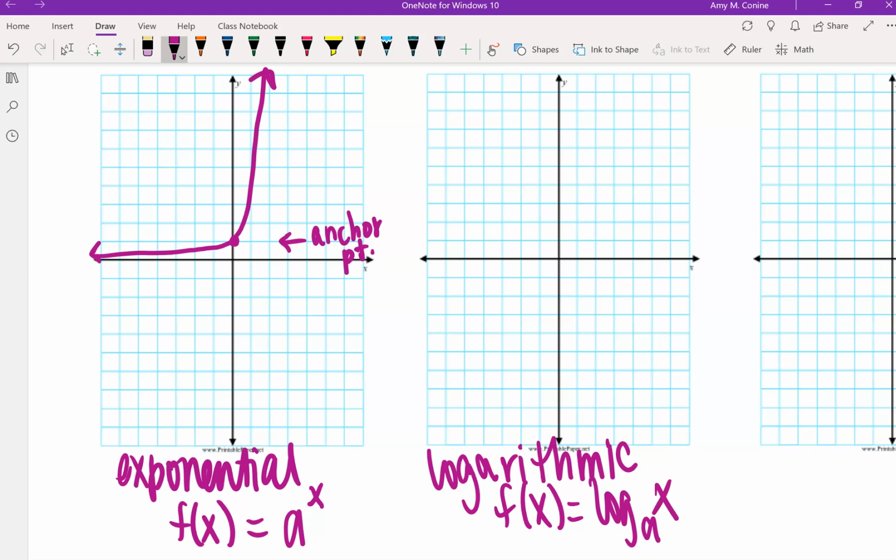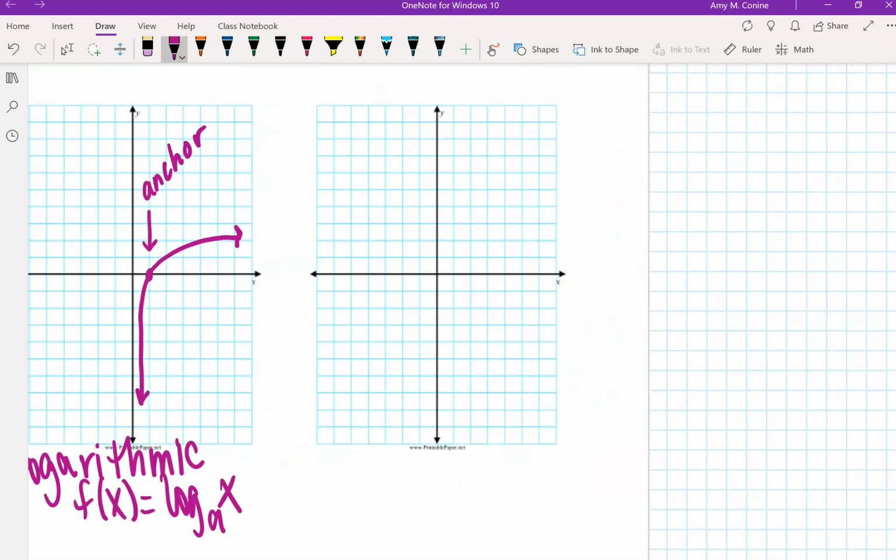And it's very similar to your exponential function because they're inverses, and we'll talk about that this year. The anchor point here is at (1, 0). So this one does have an anchor point as well. It's going to approach your y-axis but never hit it, and it's going to go over to the right. So just a couple more.